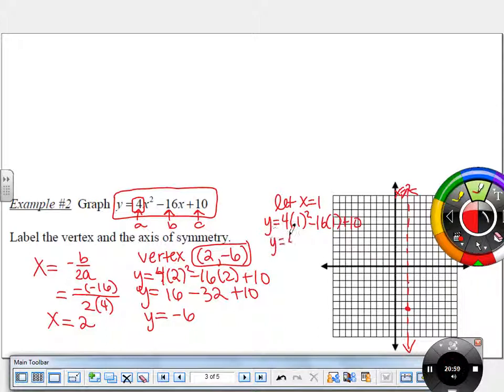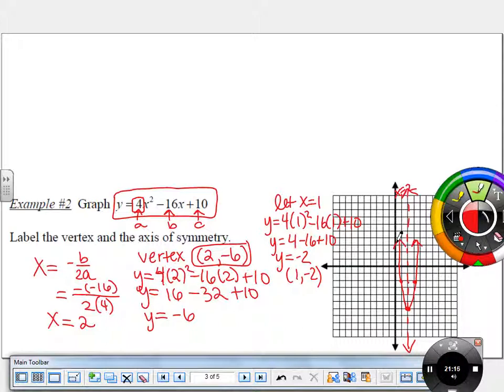In this case, I'm going to get 4 minus 16 plus 10, which gives me negative 2. So I plugged in 1 and I got out negative 2. So the point 1, negative 2 would be on my parabola. And the mirror image of that point would be there as well. That shows you how narrow or vertically stretched our parabola actually is.